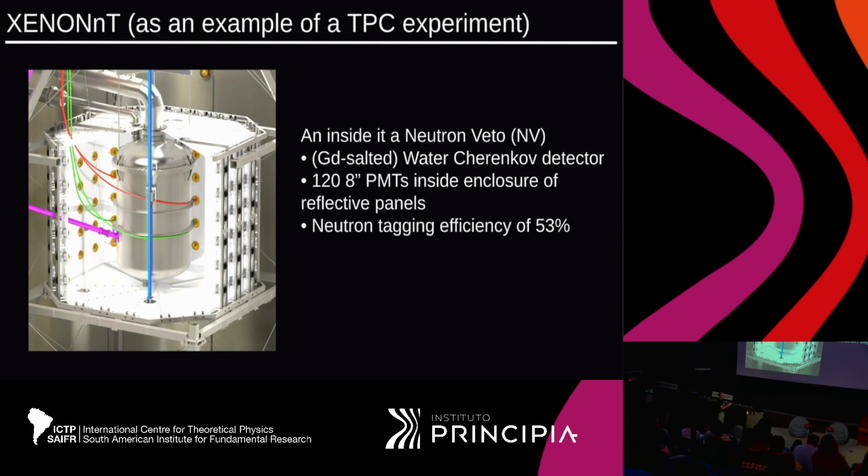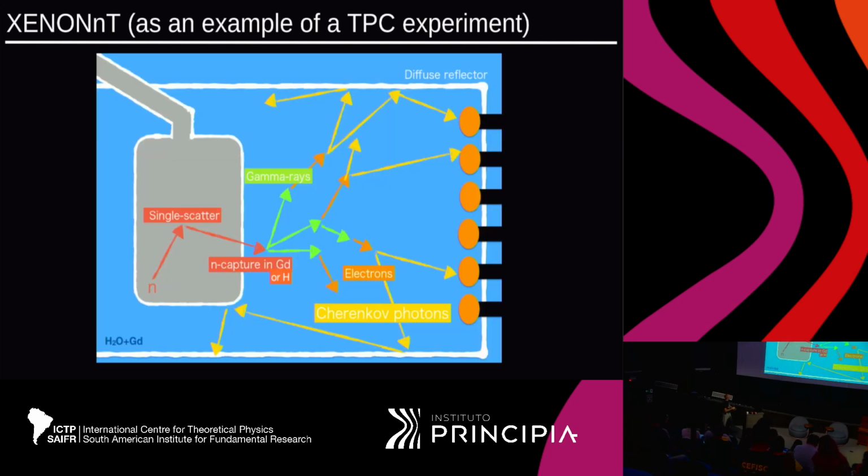And the reason you add this thing here, okay, is because this thing captures neutrons once they thermalize. So if you have a neutron event in your volume, it will look exactly the same as a WIMP event because it's a nuclear recoil, and you want to be able to tag those and discard them.